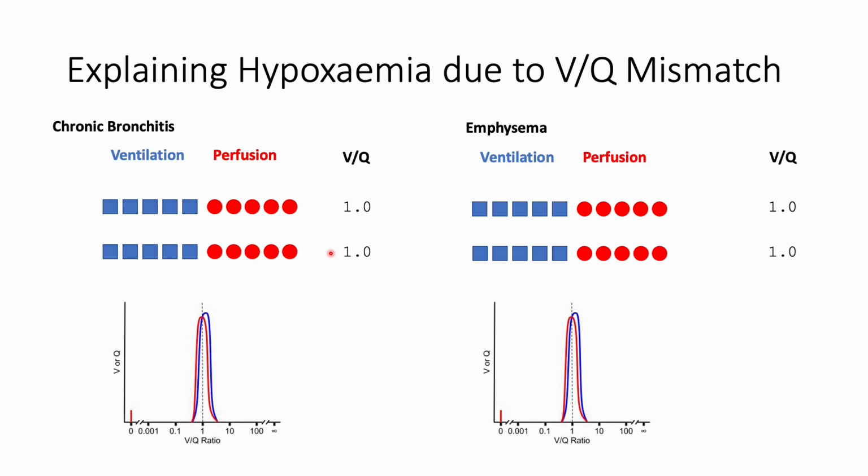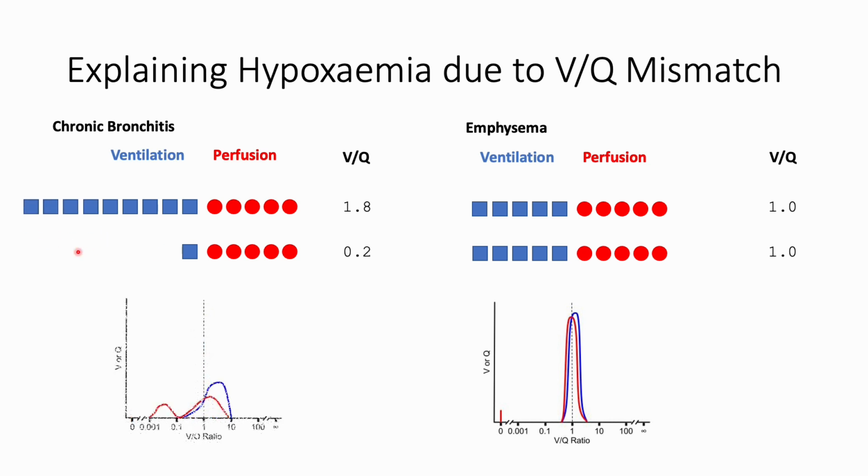There's a degree of heterogeneity. So let's say that this bottom alveolus is the one that's affected more by the disease, and because its airway resistance is increased, ventilation to this alveolus is decreased, which means that the airflow must be diverted to a different part of the lungs.